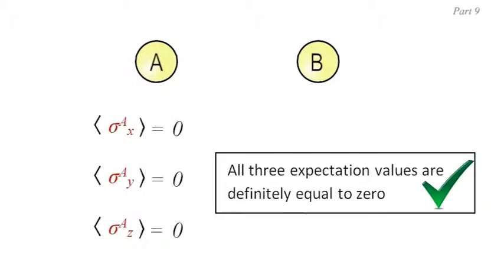Now contrast that with an entangled electron in the singlet state, where, say, for electron A, the mathematics is telling us that the expectation value of all 3 sigmas are equal to 0. This means there is no direction in real space that the electron spin can be said to be pointing.